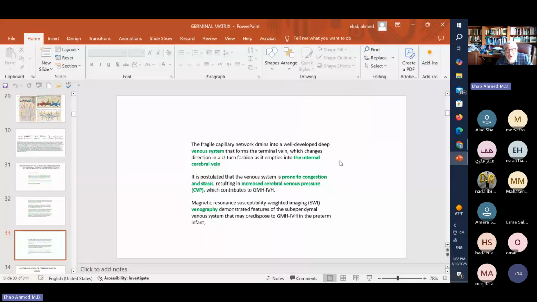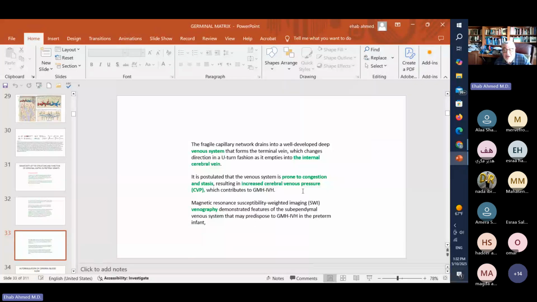Going into this U-turn makes venous congestion possibility high. And when venous congestion occurs, the venous pressure increases, and the germinal matrix, also having increased pressure, is more prone to hemorrhage. Okay?